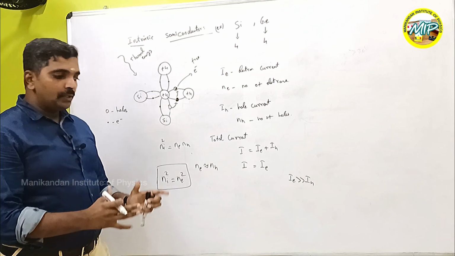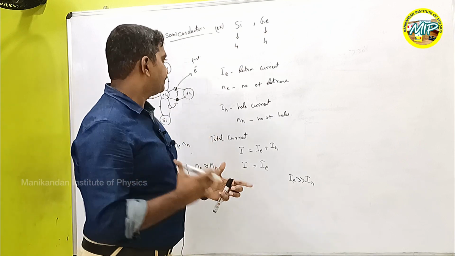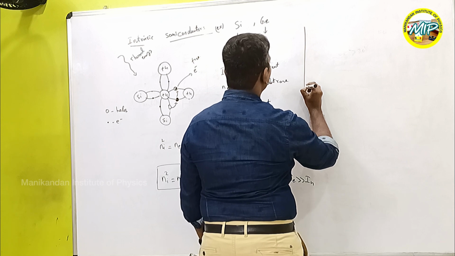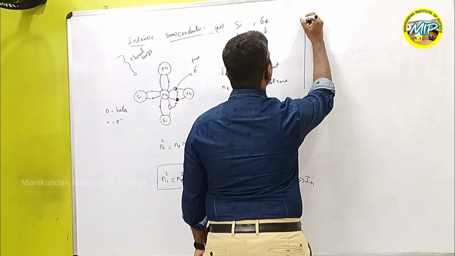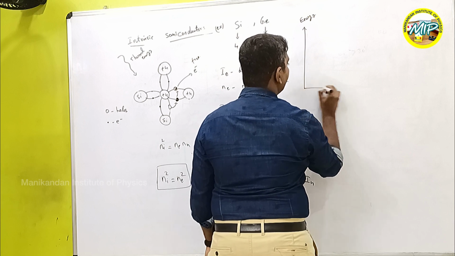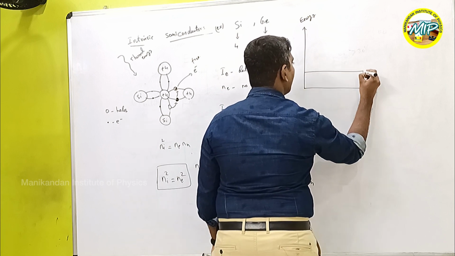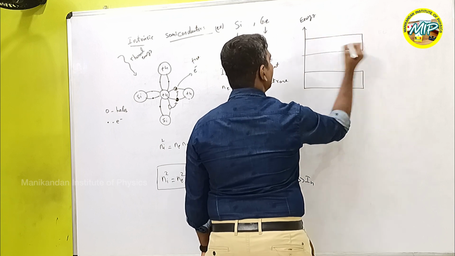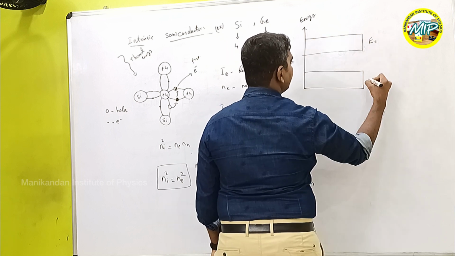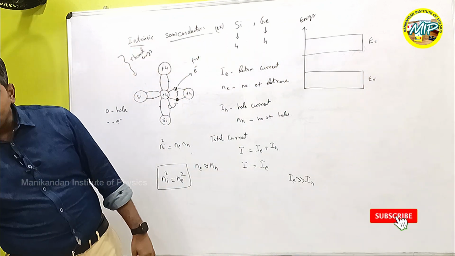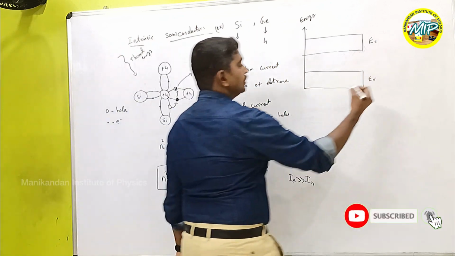Now I'm going to plot the energy level graph, energy versus this, with the conduction band and valence band.